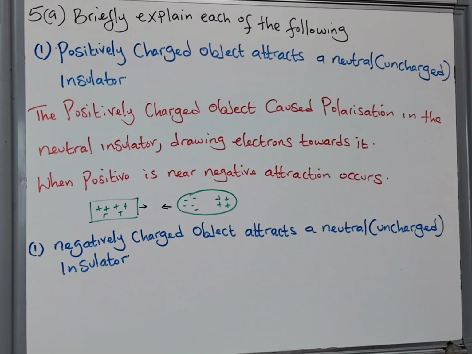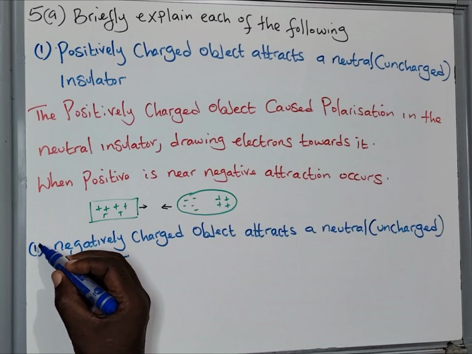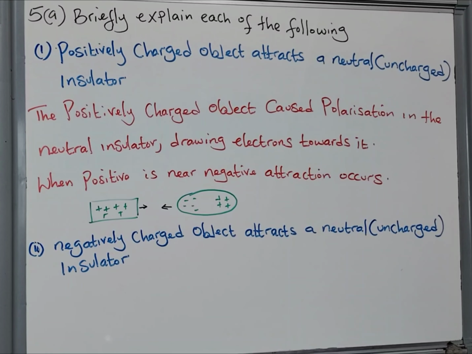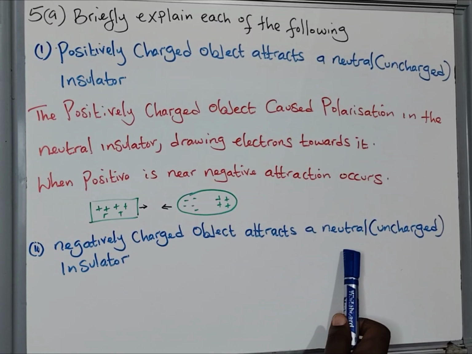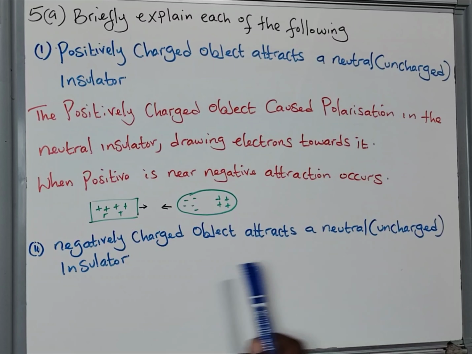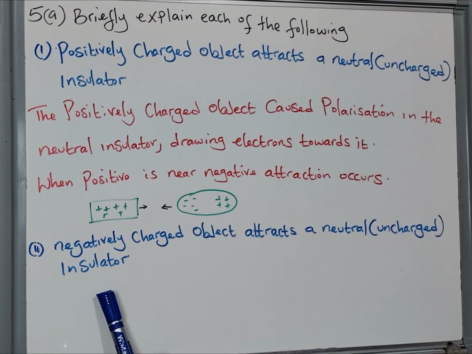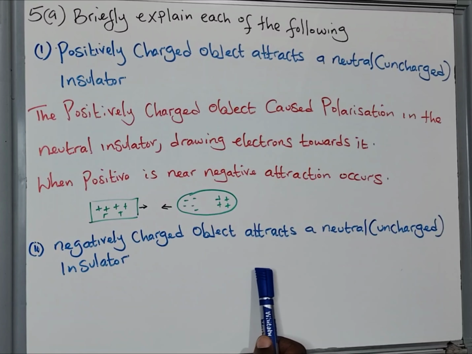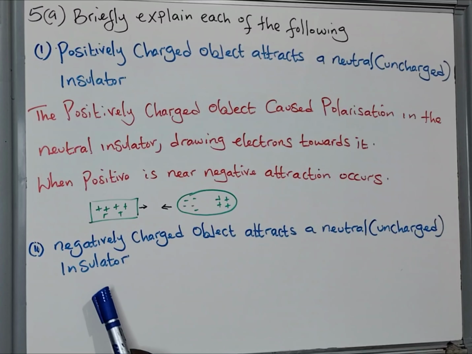So comes this question. Actually, it's the opposite of the other one. It says that a negatively charged object attracts a neutral or uncharged insulator. What's the answer? The answer is that the negatively charged object causes polarization in the insulator.